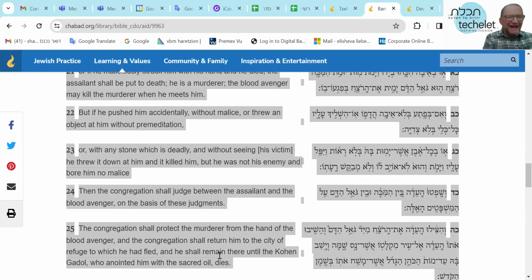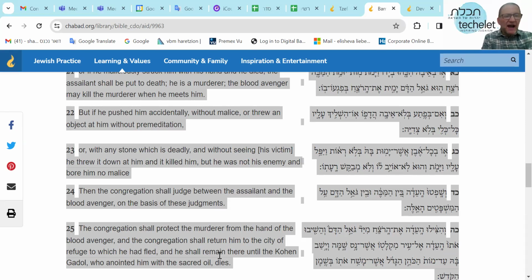Or the other opinion is it's the Kohen Gadol at the time when he is, if you like, convicted. And that's still him, because until he's convicted, he's still the Kohen Gadol. So whilst you may say, well, it's the next Kohen Gadol, it isn't. It's him.